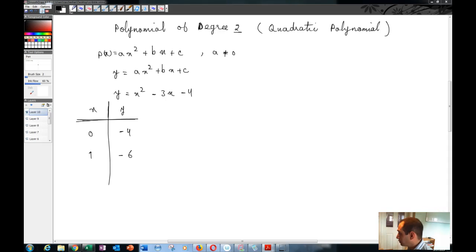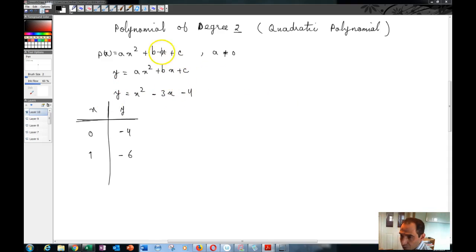Now there are many different ways that you can analyze this function and then based on that do a graph.